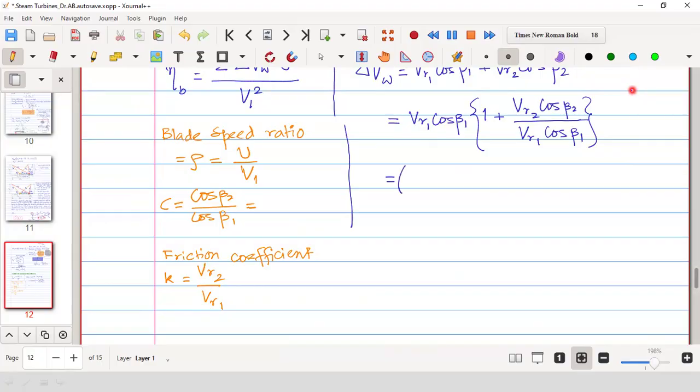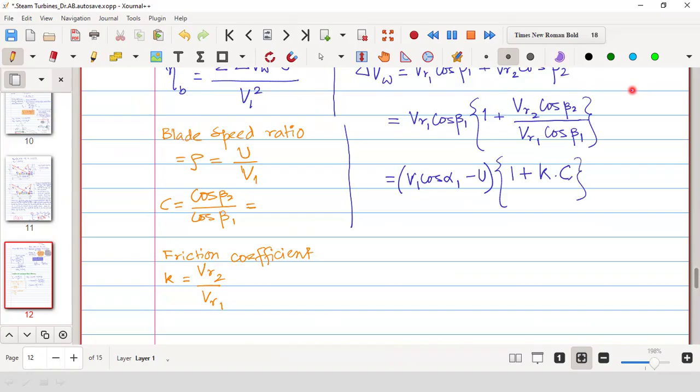So here it will be V1 cos alpha 1 minus U, multiplied with 1 plus, now VR2 by VR1 is K, that we have just defined, and cos beta 2 by cos beta 1 is equal to C. That we have just done.